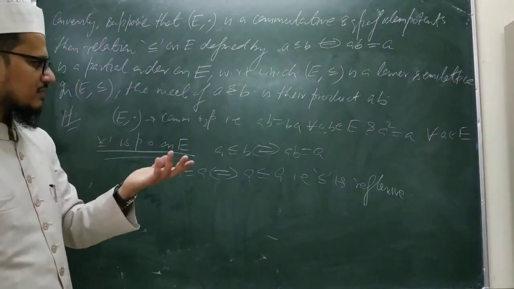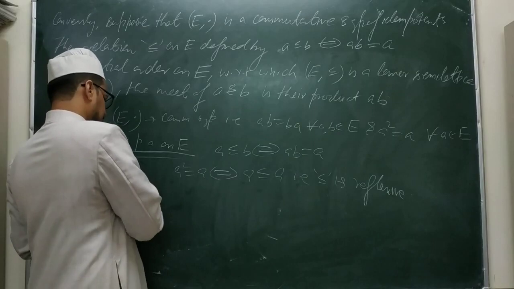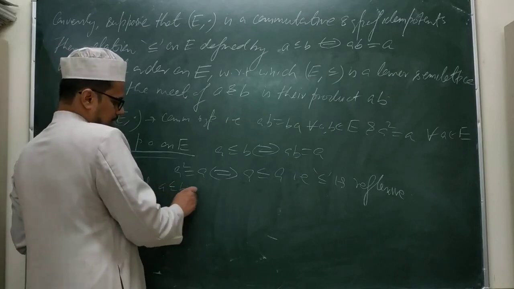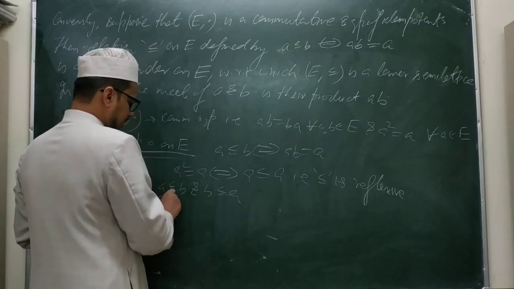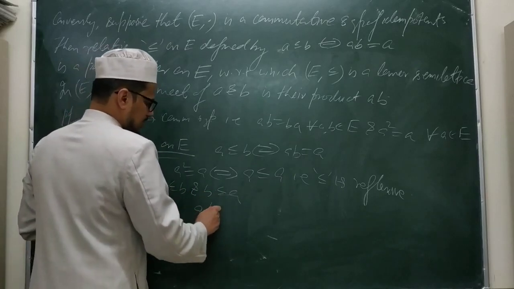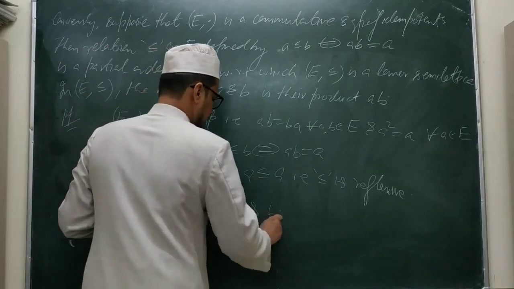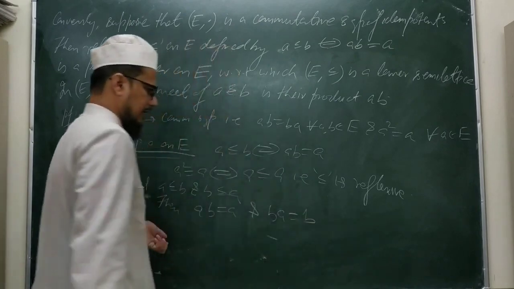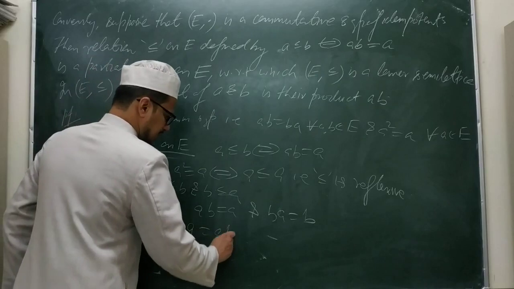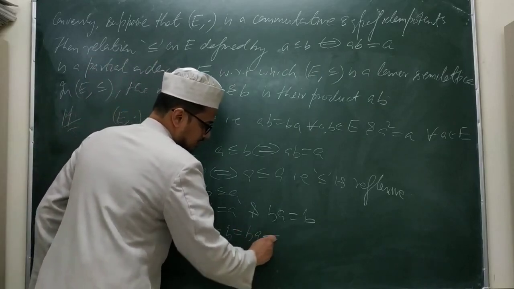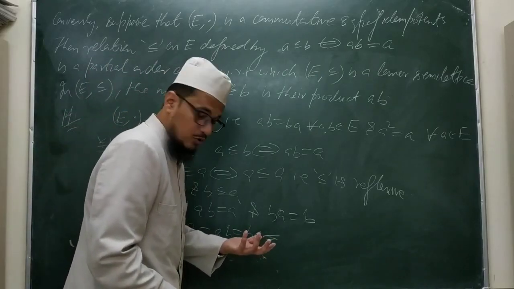Now you can see that the relation is also antisymmetric. Let A less than or equal to B and B less than or equal to A. Then you have AB is equal to A and BA is equal to B. Now you can see that AB and BA are both equal because E is a commutative semigroup.